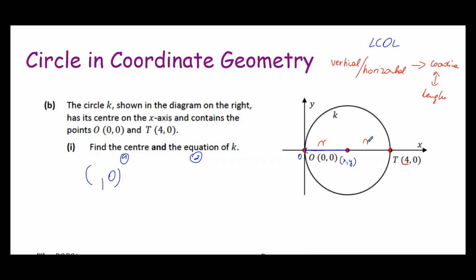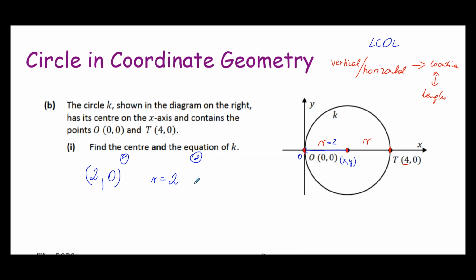That means each radius is half of it, which is 2. That as well means that this length here is only 2. So from 0, 2 units away, that coordinate here will be 2. So therefore, there it is, the coordinates of the center.